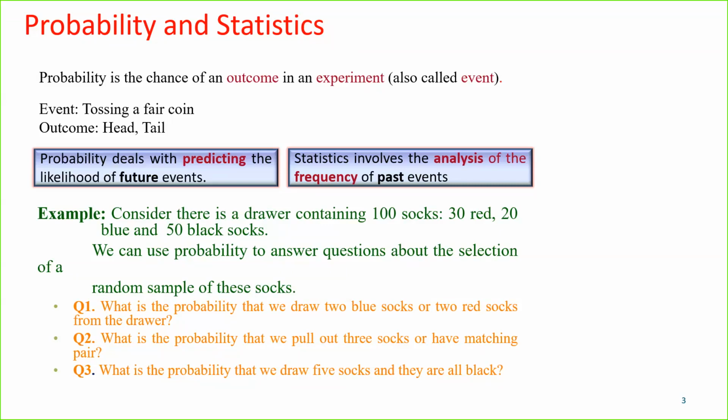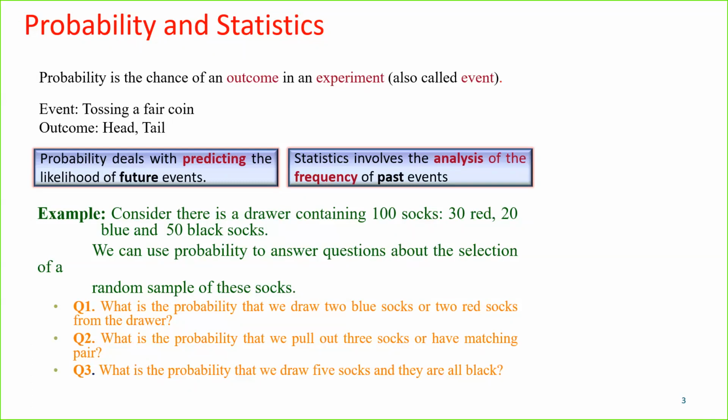So in all these things, we are interested in dealing with the prediction of the likelihood of future events. So it means probability is dealing with predicting the likelihood of future events. Underline this word future. So what is the probability that the coin will land upon heads?